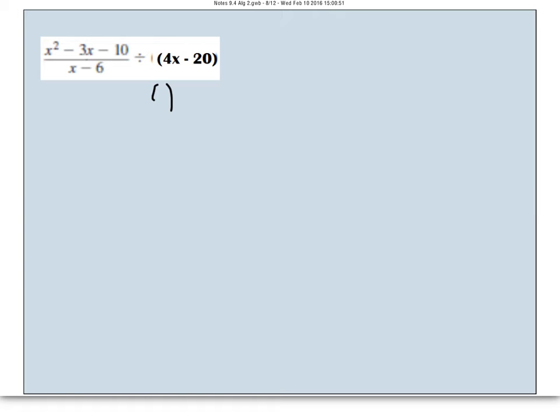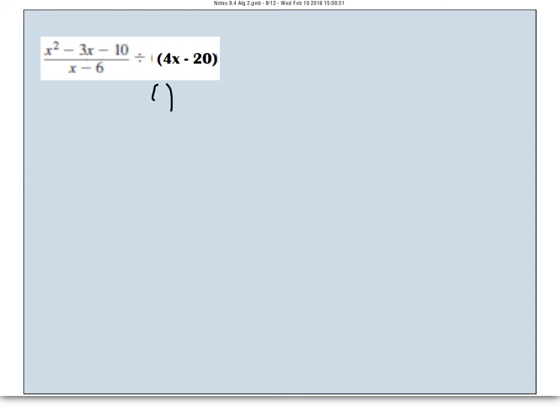The x squared gets broken up into x and x. I need factors of negative 10 that will add to negative 3x. So there are a couple of combos, either 10 and 1 or 5 and 2. But it has to multiply to negative 10. So maybe I say negative 5 times 2. Well, negative 5 times 2 actually adds to negative 3. So there's our combination: negative 5 plus 2.